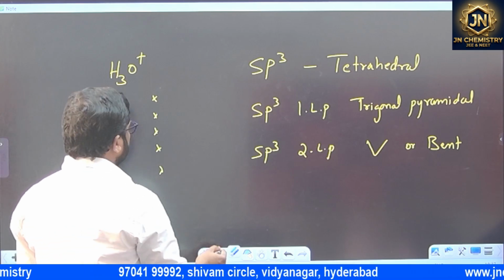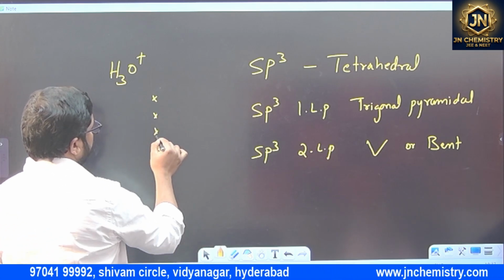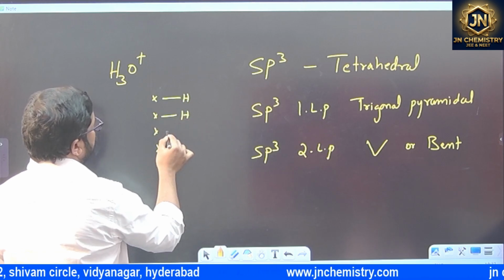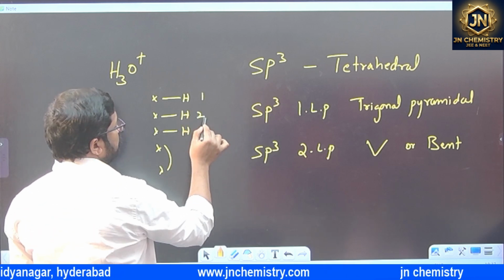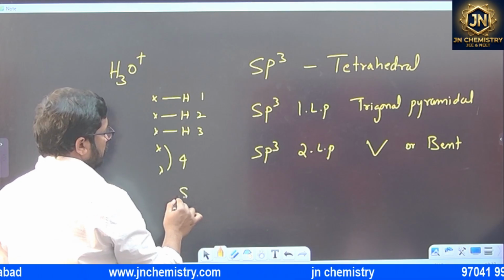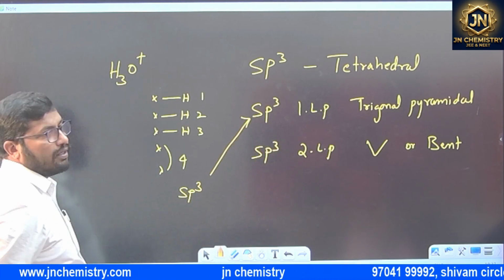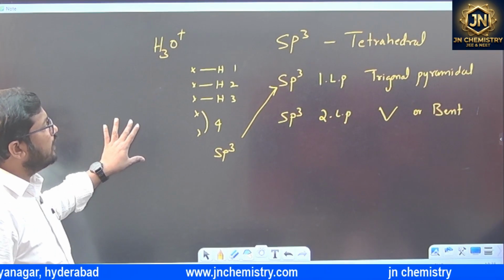So now, 1, 2, 3, 4, 5, 3 hydrogens. 1, 2, 3. And one lone pair. 1, 2, 3, 4. 4 means what? sp3. sp3 with one lone pair. Trigonal pyramidal shape.